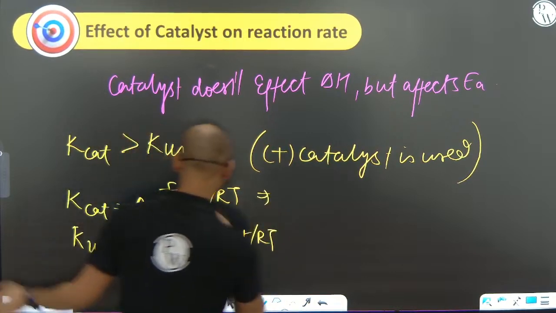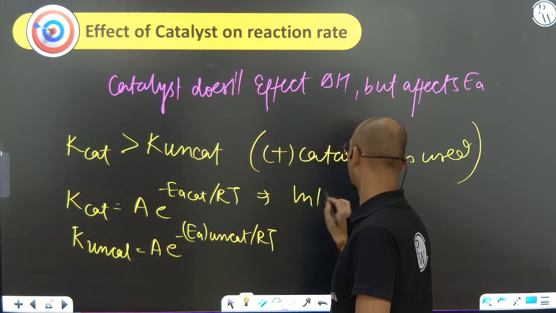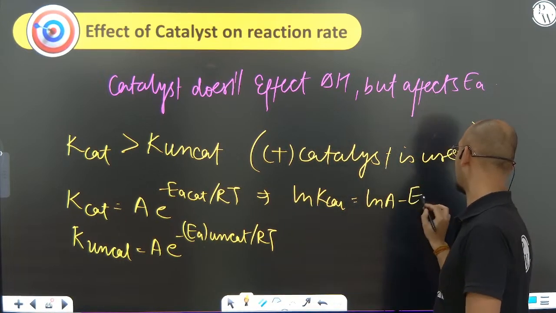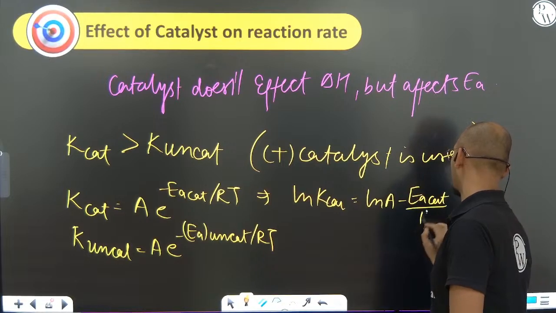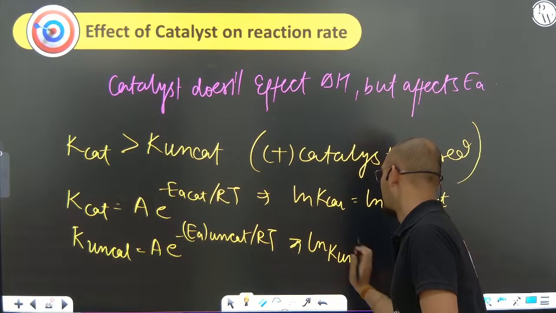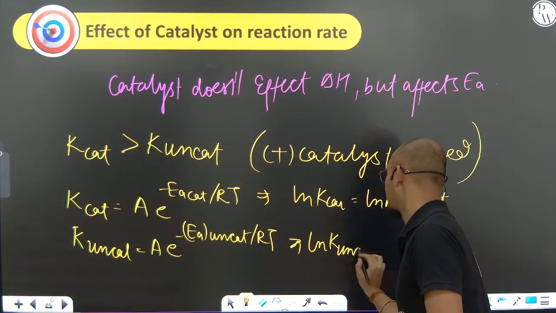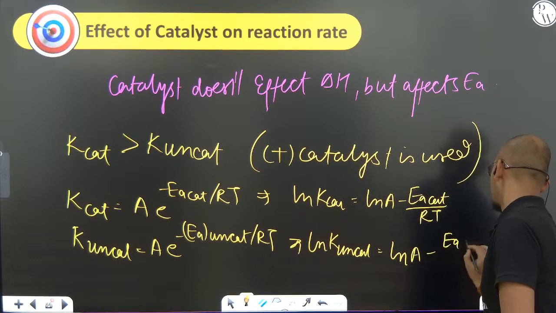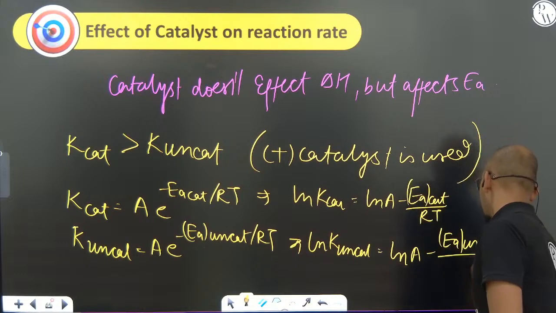From here we can take ln of K catalyzed equals ln of A minus EA catalyzed by RT, and ln of K uncatalyzed equals ln of A minus EA uncatalyzed divided by RT.